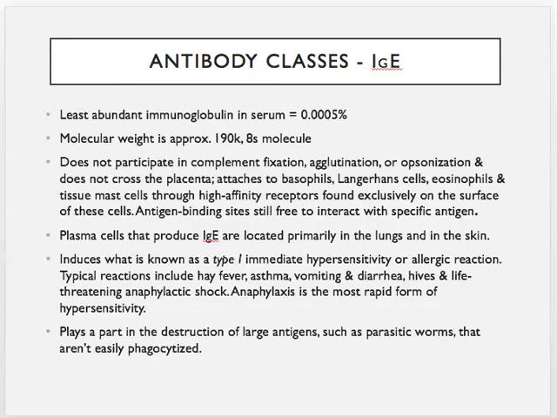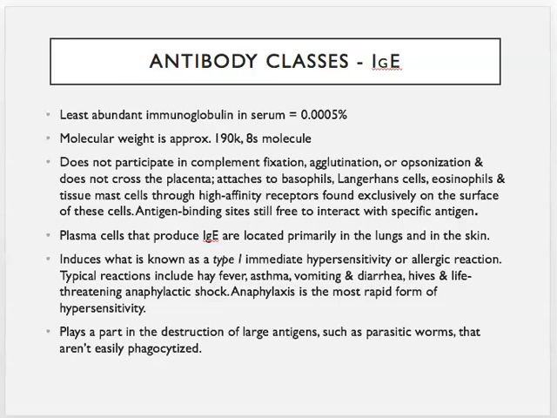It can attach to basophils, Langerhans cells, eosinophils, and tissue mast cells through high affinity receptors that are found exclusively on the surface of these cells. So those antigen binding sites are still free to interact with the specific antigen.